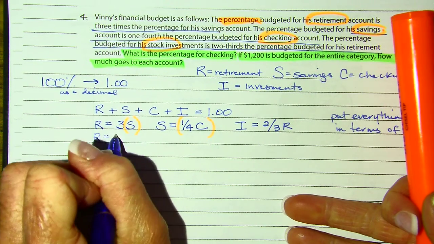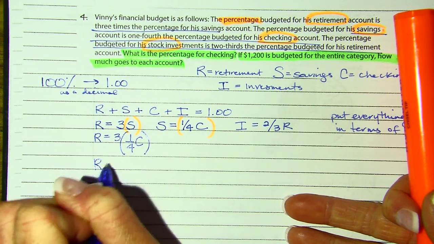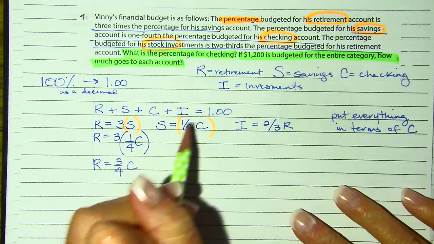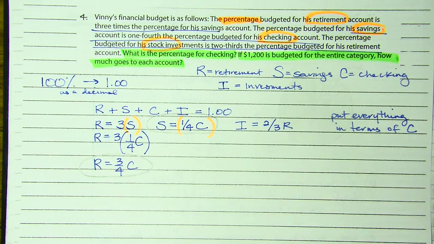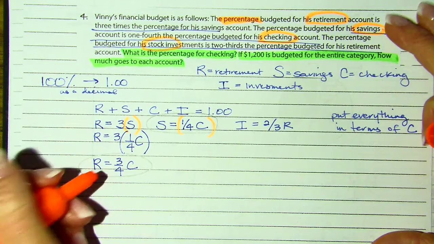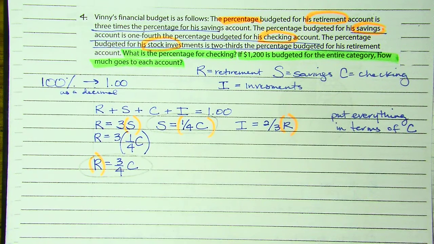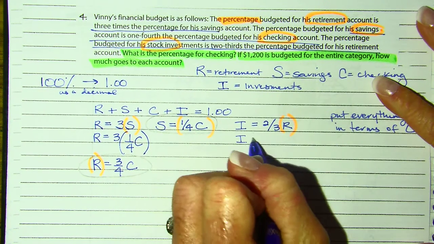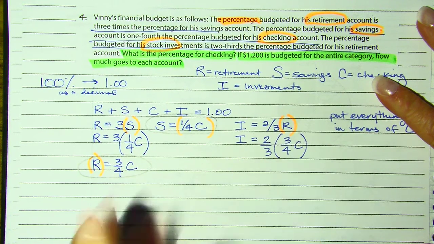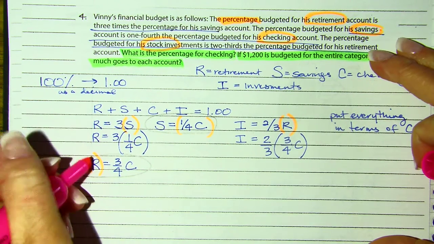So R equals 3 times 1/4 C. So R is now 3/4 C. So notice I now have 2 equations in terms of C. I now have to do that here. Now, that is also going to be easy because now that I know what R is, I can plug that in here, and then I will have I in terms of C. So I equals 2/3 times R, which is 3/4 C. So I'm plugging that into here. And if it's easier, I could have used a different color.